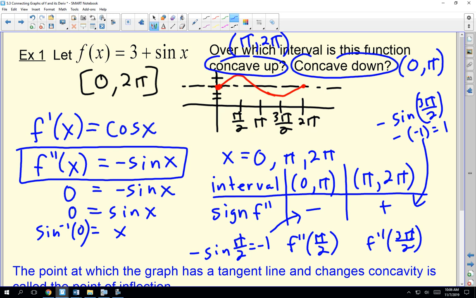The only thing I would warn you about is don't forget to check where the derivative does not exist. Don't forget to check where the derivative and original function do not exist, because that will help to break up your interval in these interval tables you're making. You won't have any trouble setting the derivative equal to 0.